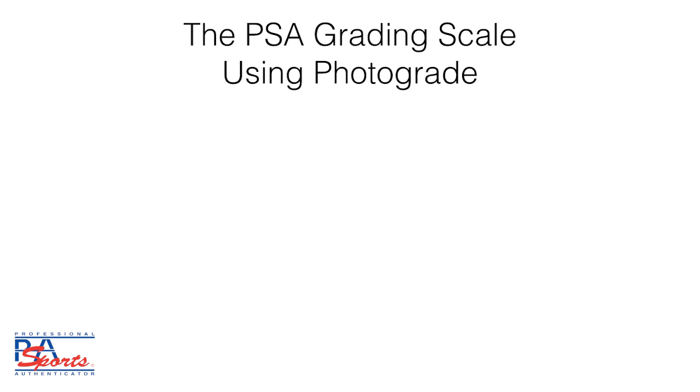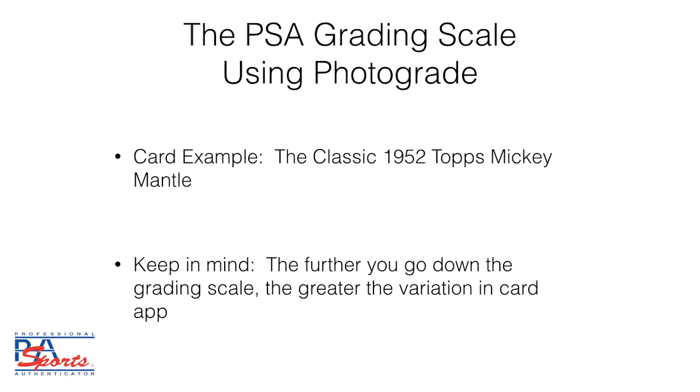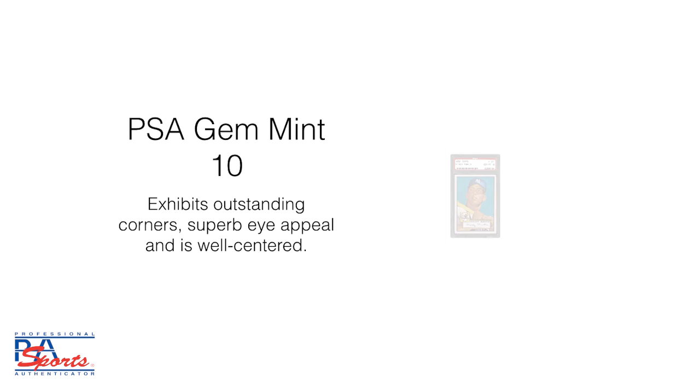Let's take a look at the PSA grading scale using PhotoGrade. So our card example, the classic 1952 Topps Mickey Mantle. Now keep in mind, the further you go down the grading scale, the greater the variation in card appearance. Let's start at the top, PSA Gem Mint 10.